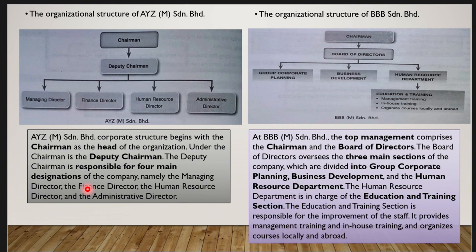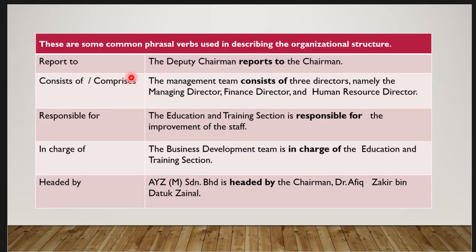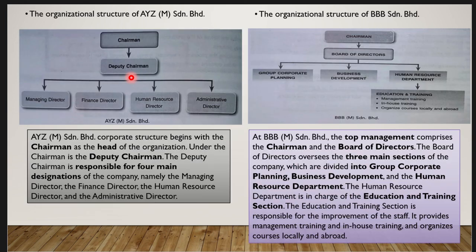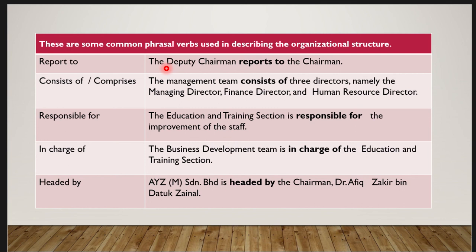For example, we could say that the managing director, finance director, human resource director, admin director is headed by the deputy chairman. That is the example of the usage of common phrasal verbs.